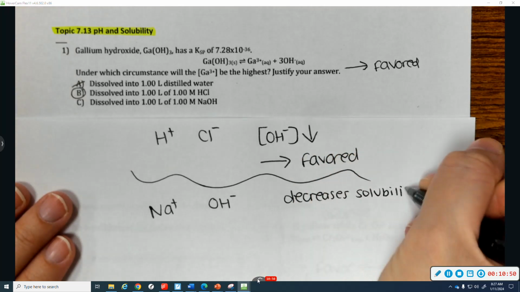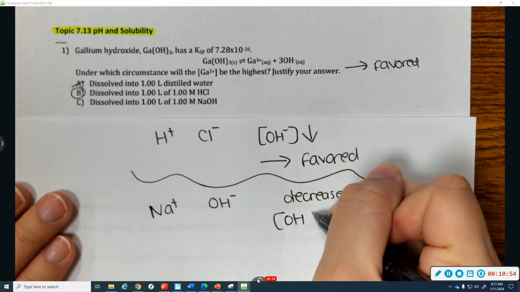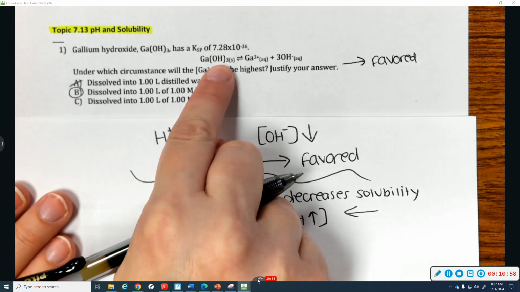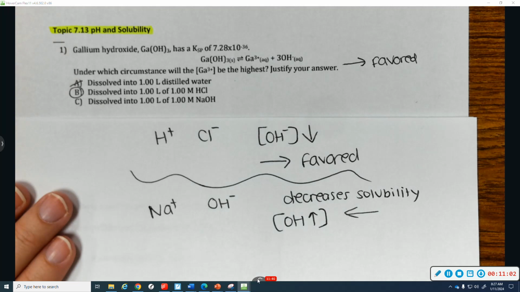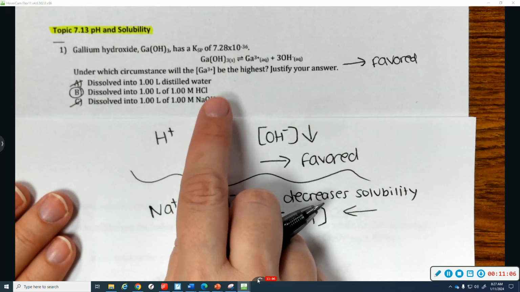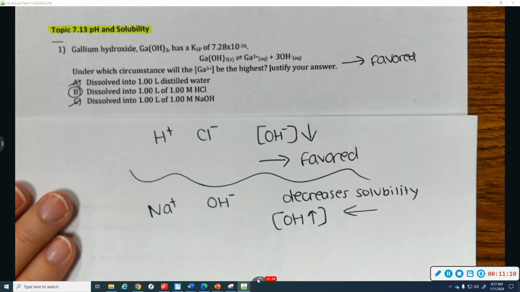That even less would dissolve. You've increased the amount of OH, so it's going to be very reverse favored. It's very insoluble already. It's even less soluble in sodium hydroxide. You're going to have even fewer ions if you put it in there because you're starting with a common ion. So B would be the right answer.